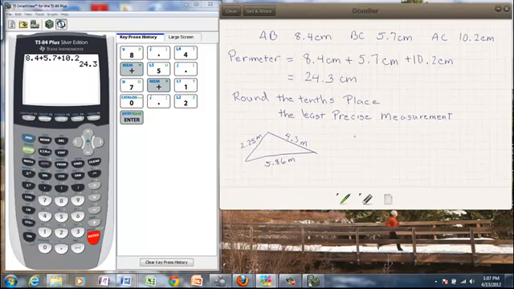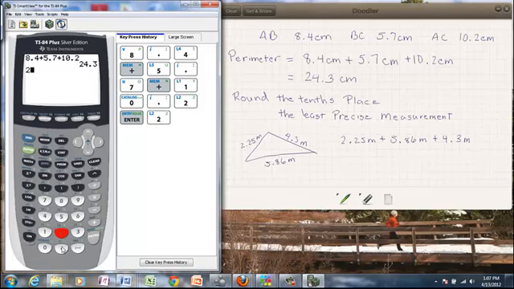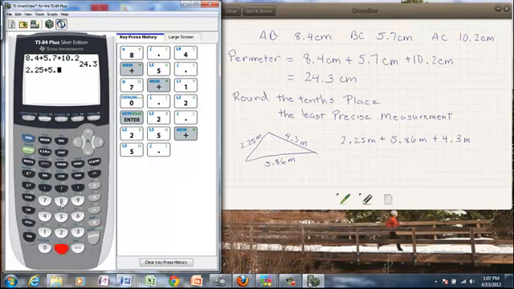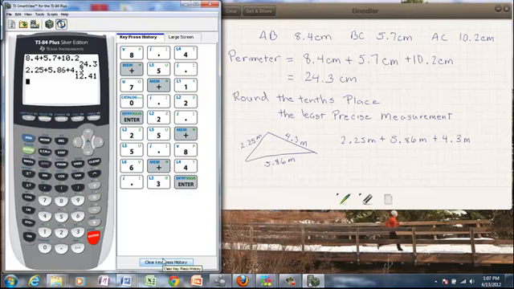So if I'm adding those numbers together, and I do that on the calculator, if you write down 12.41 on your paper, you're going to get a nasty note from me.